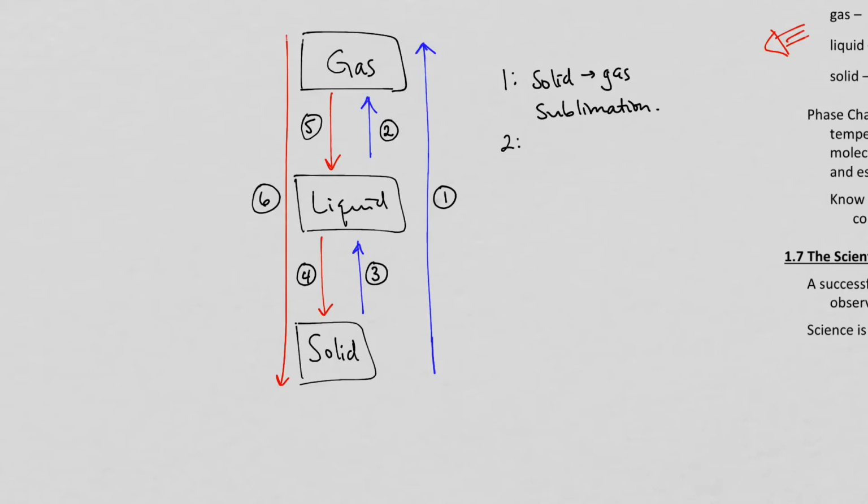I will try and keep my handwriting very neat. Okay? Number 2 is going from liquid to gas. Right? This we know as vaporization. It can be called evaporation. That's acceptable.